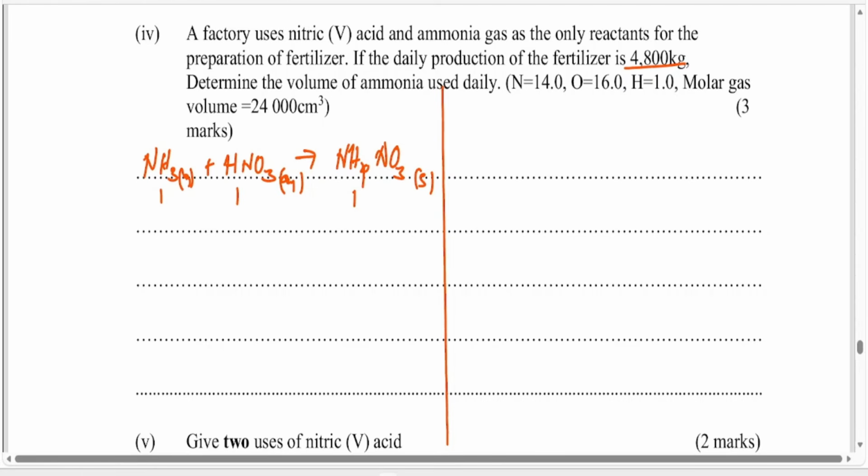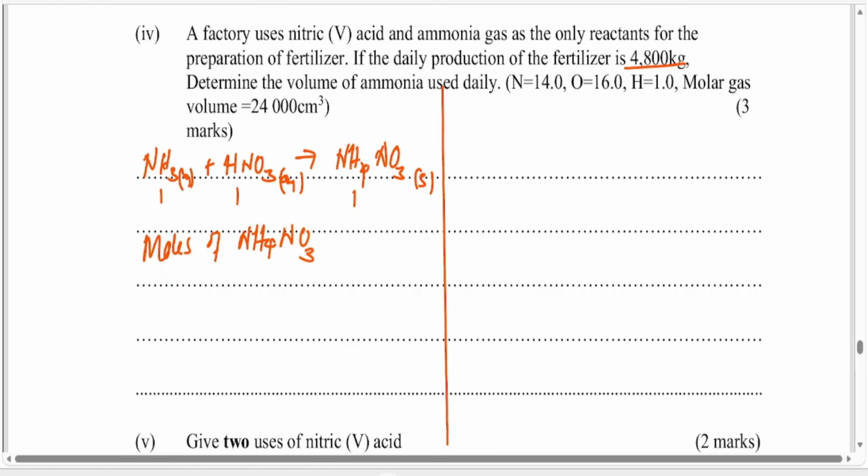And remember, we are only given the amount of this fertilizer that was produced. So we'll first determine the moles of this fertilizer, the moles that were in 4,800 kilograms of it. So I'll start by working out the moles of ammonium nitrate produced.